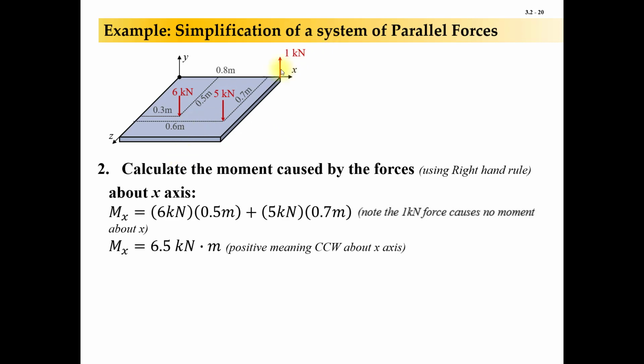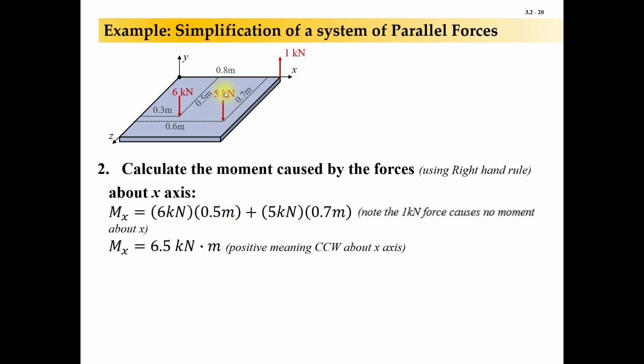So about the x-axis, which is this one up here, we're going to have 6 kilonewtons times 0.5 meters, and that's going to be a positive moment because of the right-hand rule: put the base of your hand at the origin here and stick your thumb in the direction of the axis. Your fingers are going to tell you which way is positive moment. The 6 kilonewtons is pointing down, just like your fingertips are pointing down. So you know it's going to be a positive 6 times 0.5.